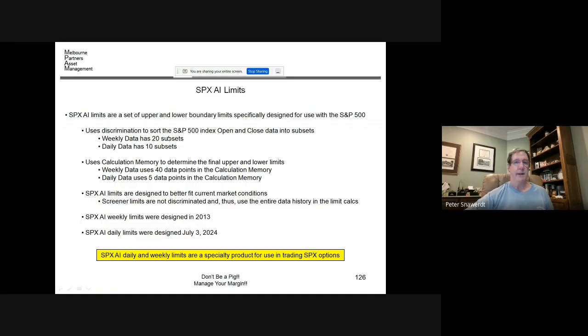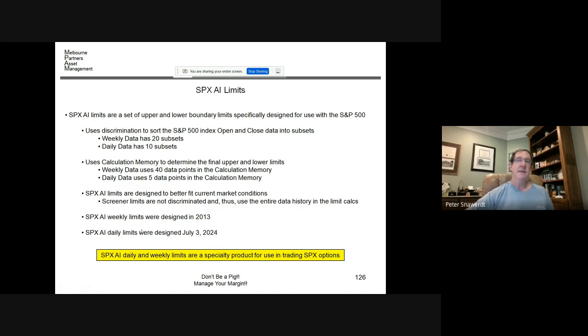Actually, it goes out 12, but I only chart 8 weeks. This uses calculation memory, just like the screening limits did. In the weekly data, there's 40 data points. In the daily data, there's 5. This allows us to have something that currently fits the market conditions a little bit better.